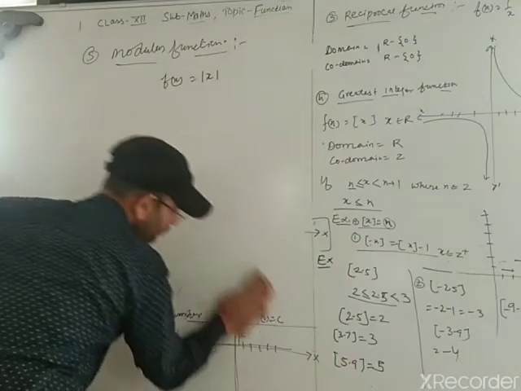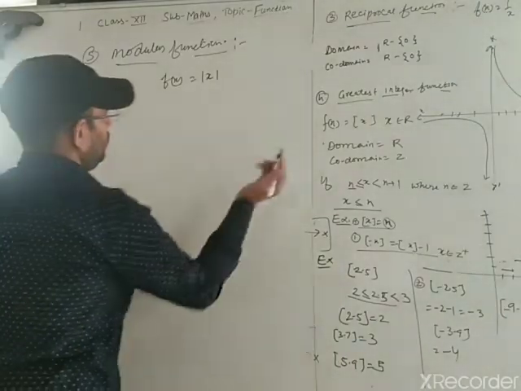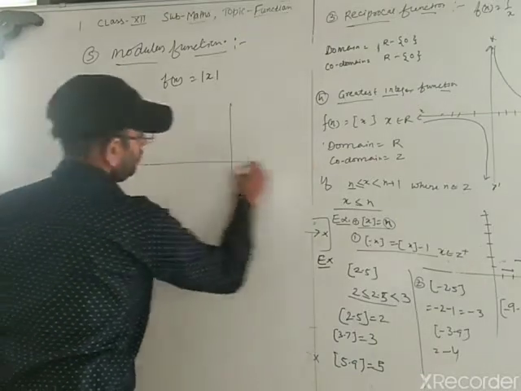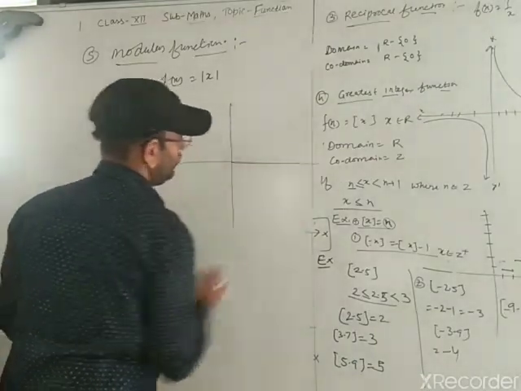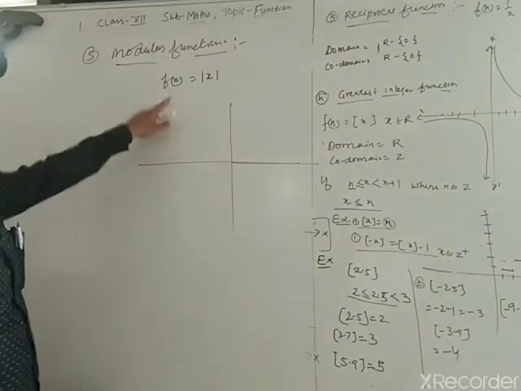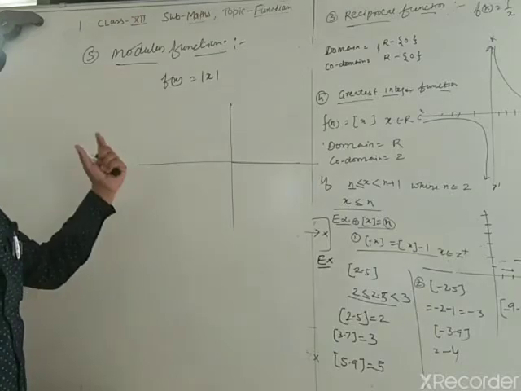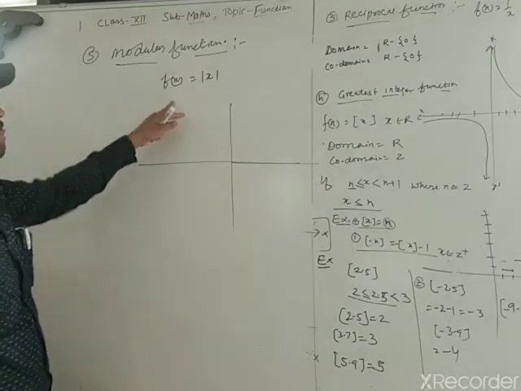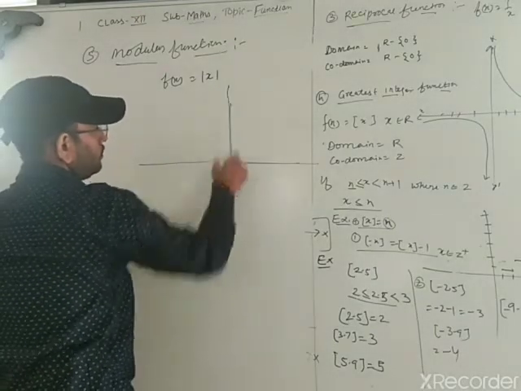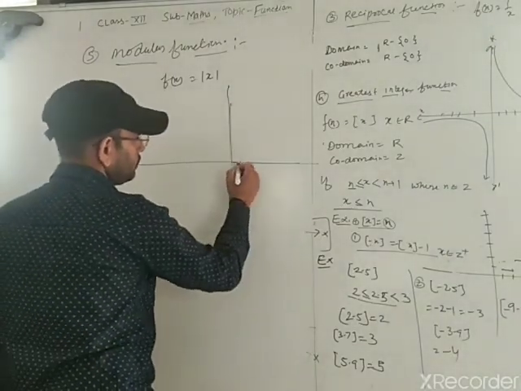First I will explain the graph. Whatever value I take, negative real number or positive real number, I always get a positive answer.